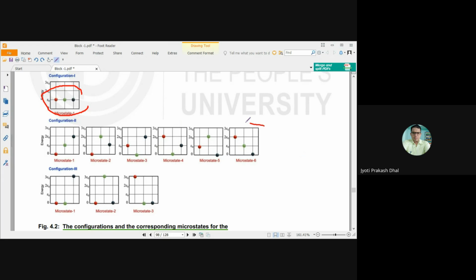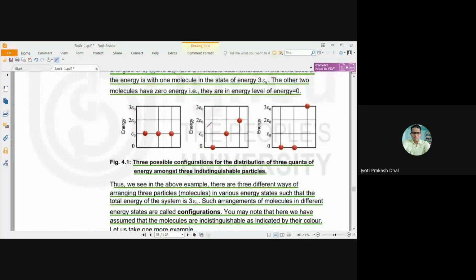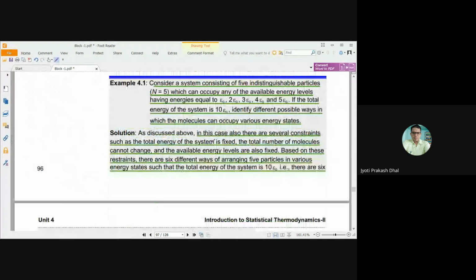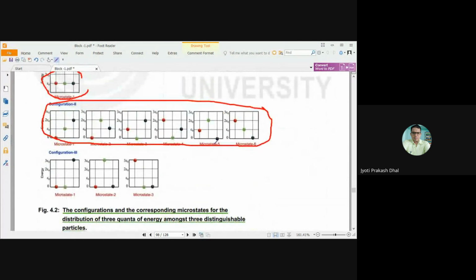So why are 6 microstates coming in configuration 2? Because all the 3 balls are different or distinguishable. But in the above example, when the 3 balls were identical, only one microstate was there. But as the 3 balls are not identical, for configuration 2 we are getting 6 microstates.